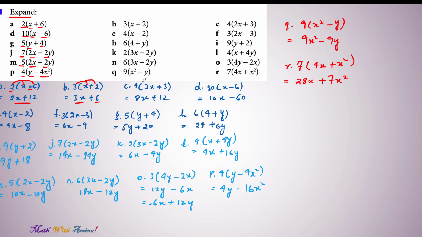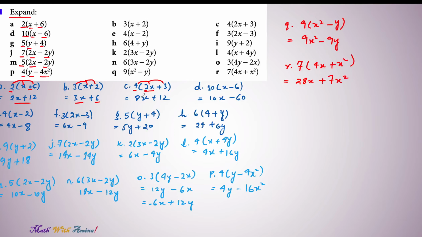4 into, in the bracket, we have 2x plus 3, so 4 gets multiplied with 2x and 4 gets multiplied with plus 3. When the coefficient gets multiplied with the coefficient, 4 multiplied by 2 is equal to 8, and the x will be the same, so 4 multiplied by 2x is equal to 8x.